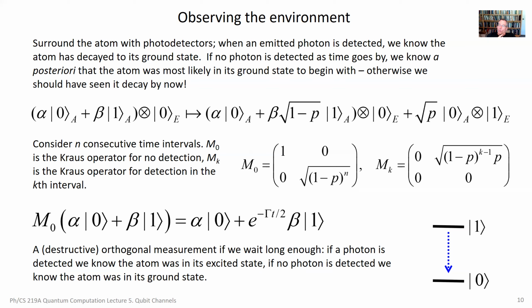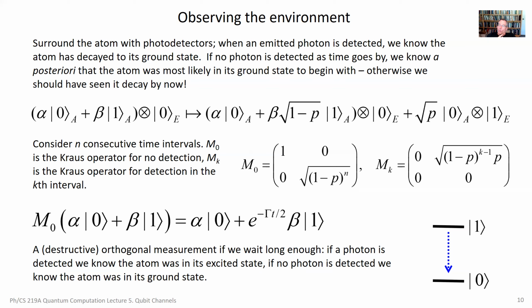So when you did, you picked up this additional amplitude of the square root of p. And in addition, the state made a transition from the excited state to the ground state, from the state 1 of the atom to the state 0 of the atom. So the Kraus operator for detecting the photon in the kth step is this one.